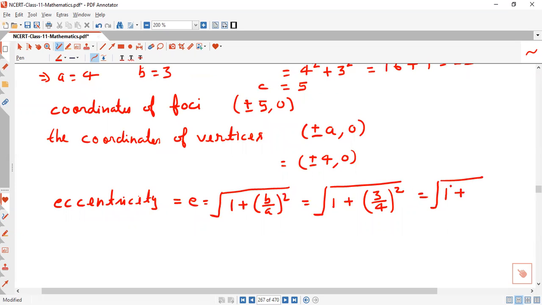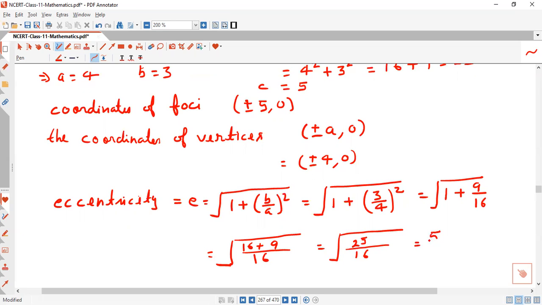You can say 1 plus 3 square means 9, and 4 square means 16. We are taking the LCM, 16. 16 plus 9 comes out as 25 upon 16, which comes out to 5 upon 4.